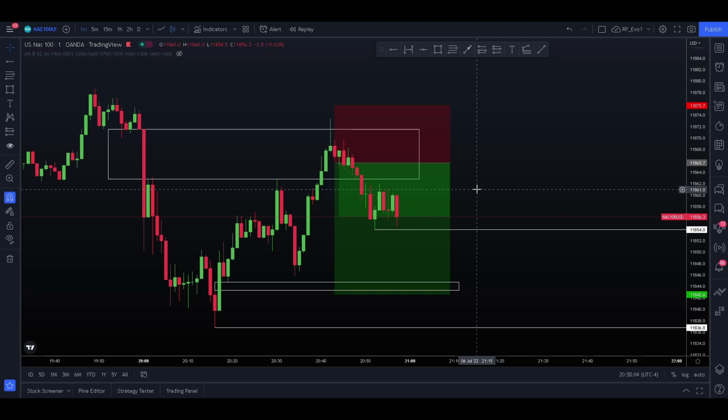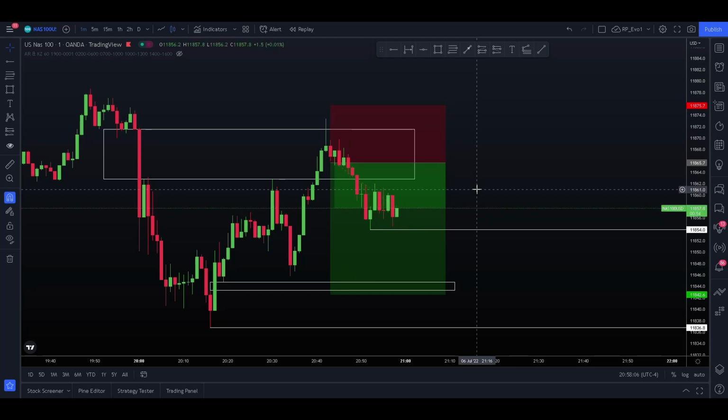There's definitely nothing to look for after 10 p.m. And sometimes there are setups that form at 10 p.m. and after, but again, they're not high probability conditions. If it does play out, you're probably just being lucky, and at least in my experience, I lost a lot of trades when I was trying to trade past 10 p.m.